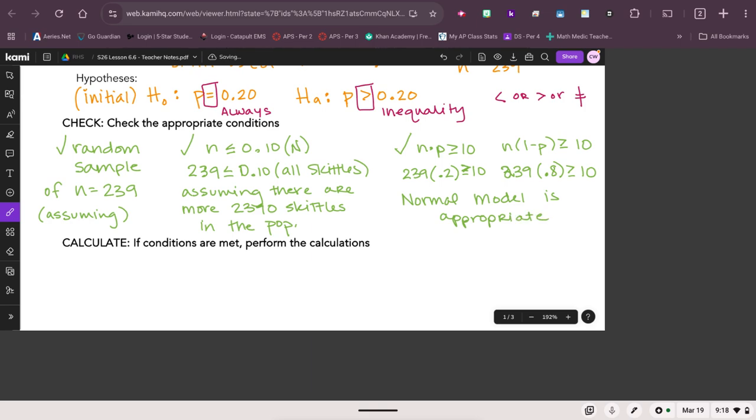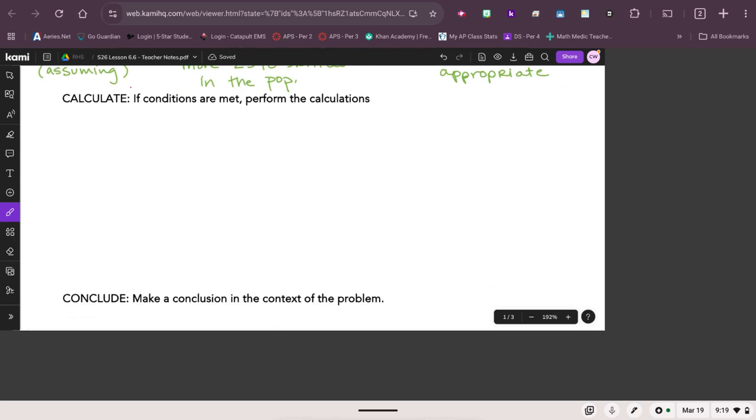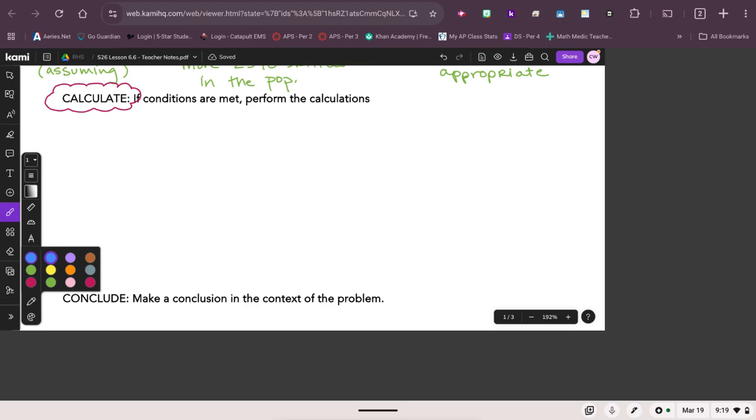Okay, next up, we have finished our conditions section. Again, it should feel just like it did for when we did intervals, just a quick review of it, when we go back to one proportion. And for the calculations, the only difference is that since we're doing hypothesis tests, we calculate the z-score based on what we know. So I have a nice big space here.